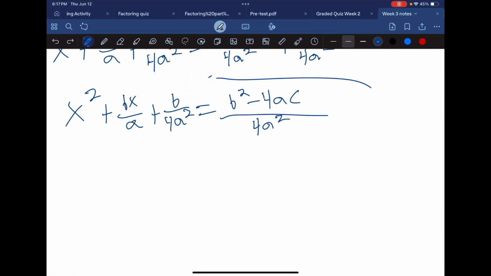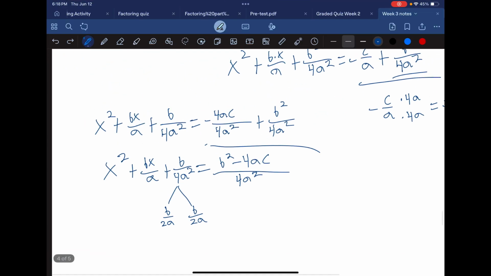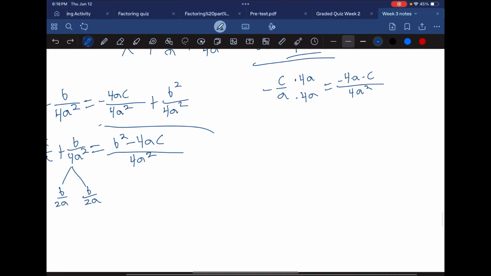And we can do that because b over 2a times b over 2a is equal to b over 4a squared, and it adds to b over a, right? Because half of b plus half of b is just b, but we're keeping the a underneath it.